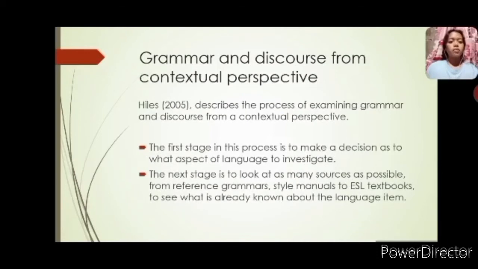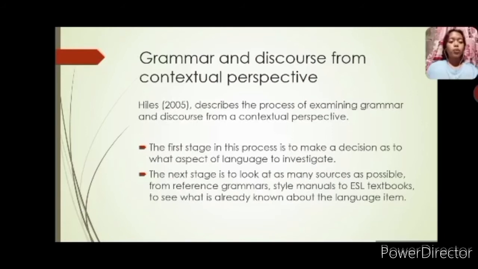Grammar and discourse from a contextual perspective. Hyles 2005 describes the process of examining grammar and discourse from a contextual perspective. The first stage in this process is to make a decision as to what aspect of language to investigate.